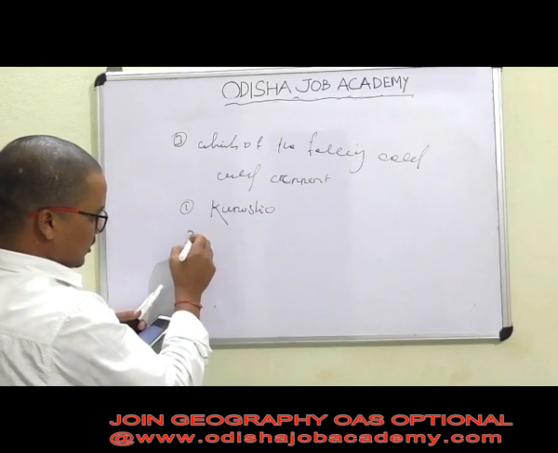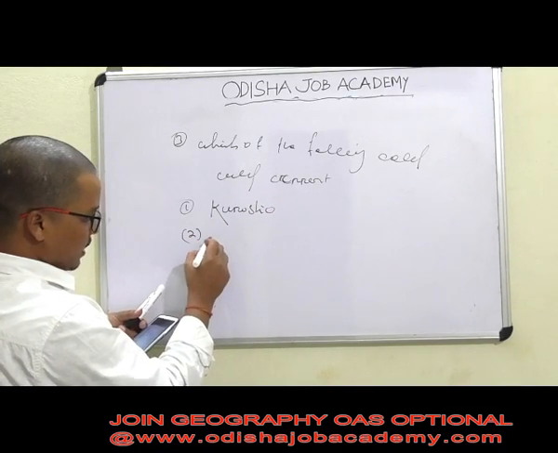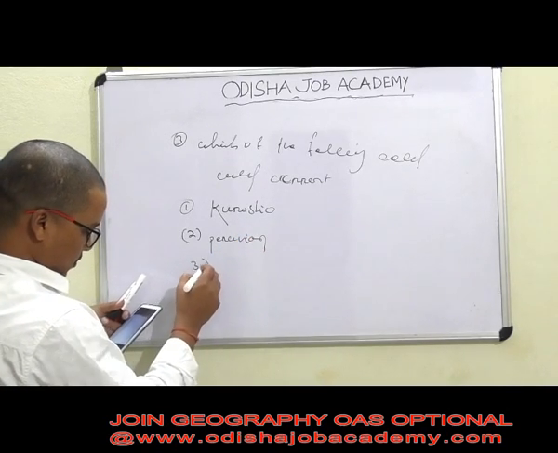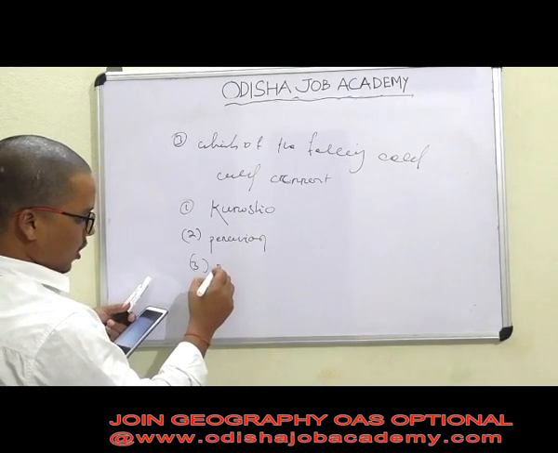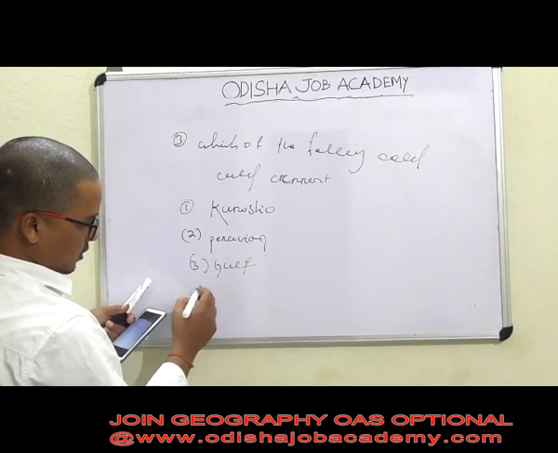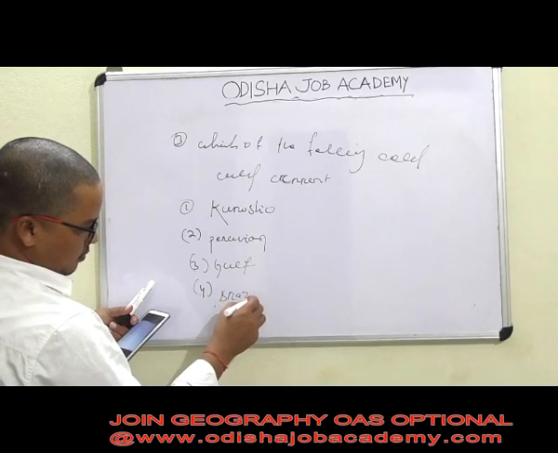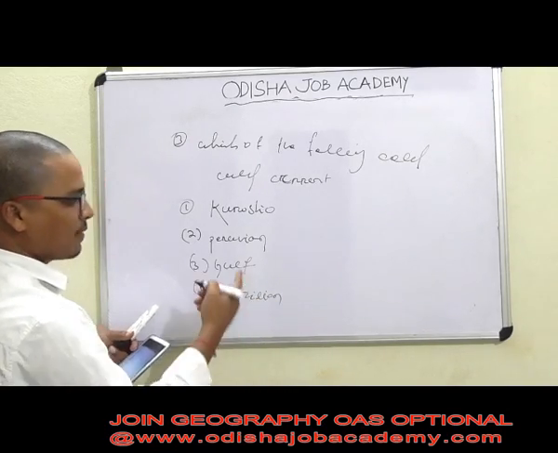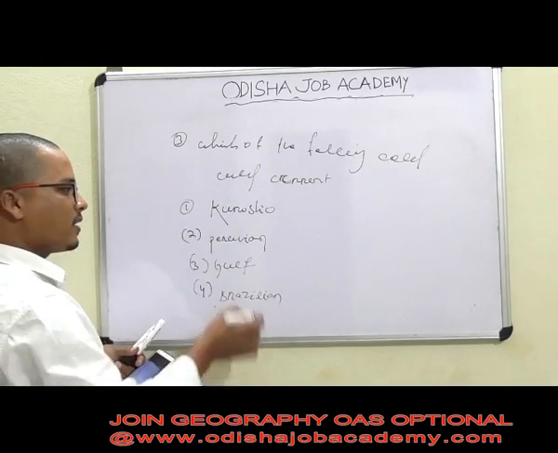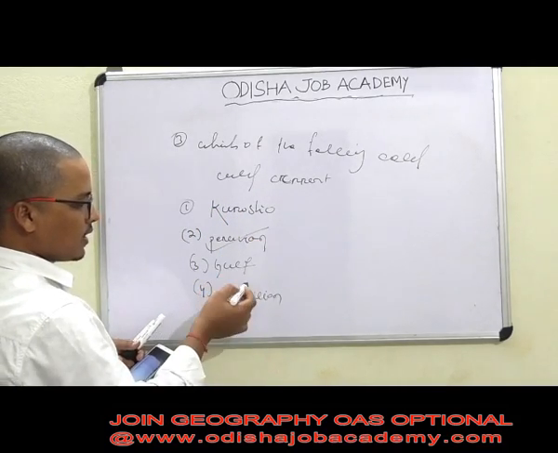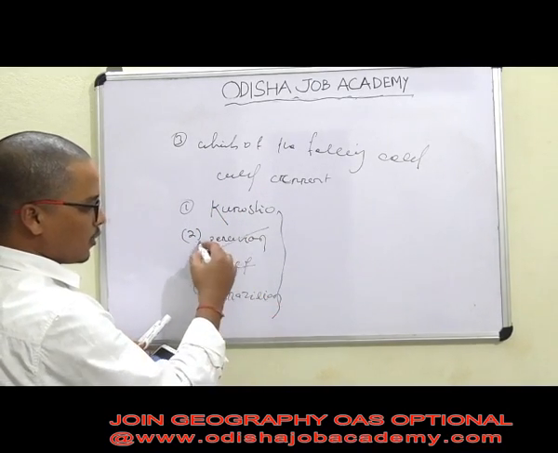Option 2, Peruvian. Option 3, Gulf. Option 4, Brazilian. I have discussed everything, so now you can answer. Which of the following is cold? Peruvian. The rest are warm. Peruvian is the answer.